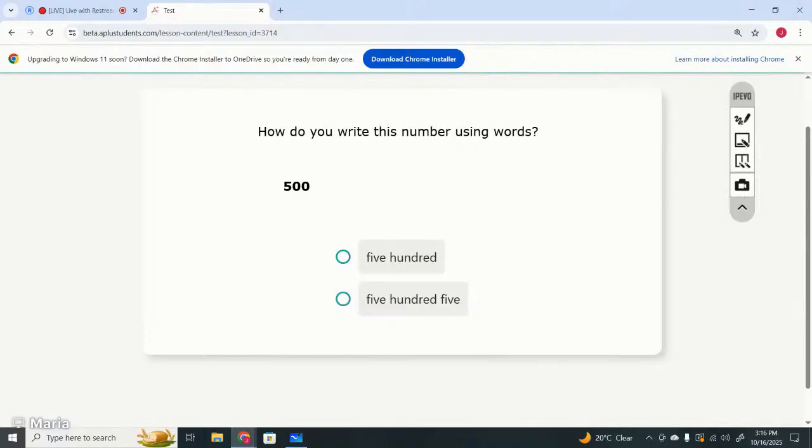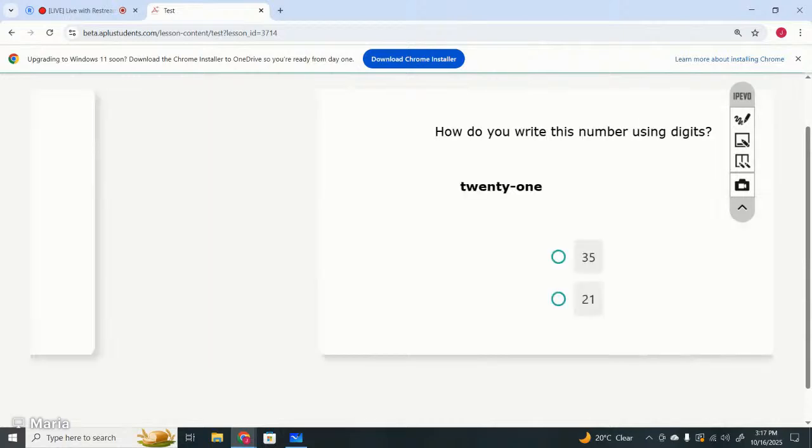How do you write this number using words? Five hundred. Option number 1 is the correct option.